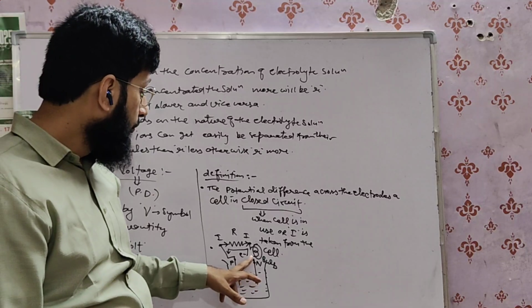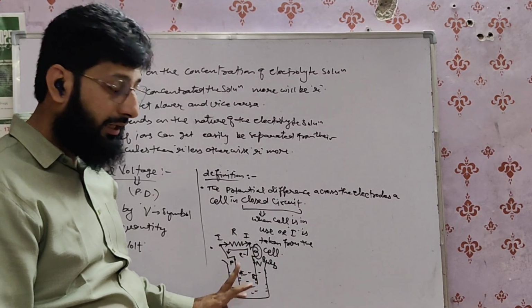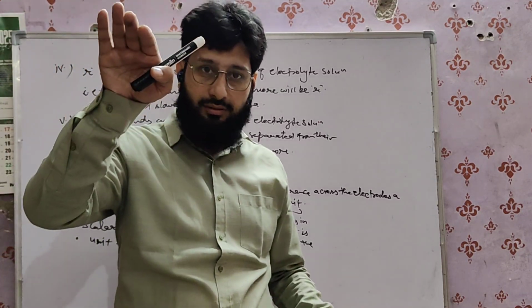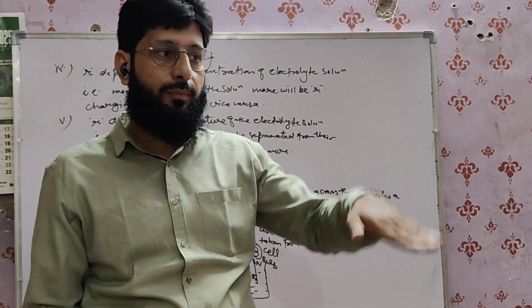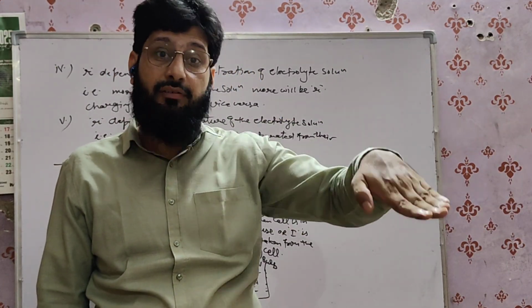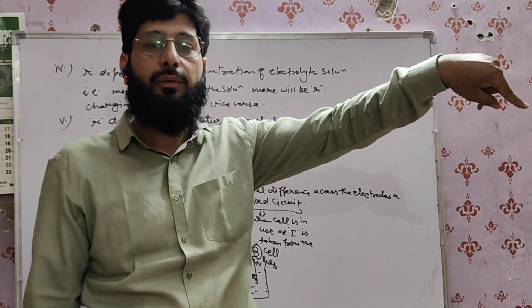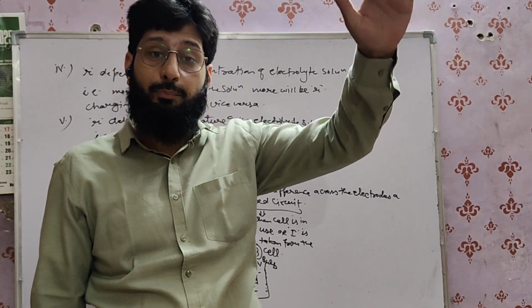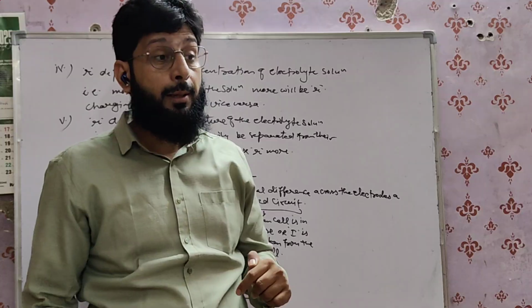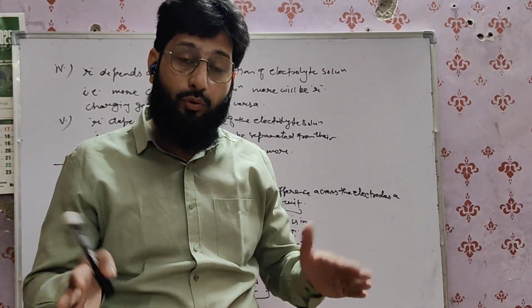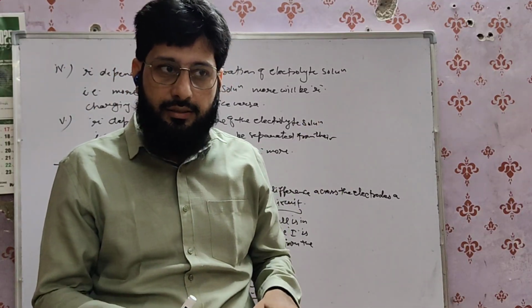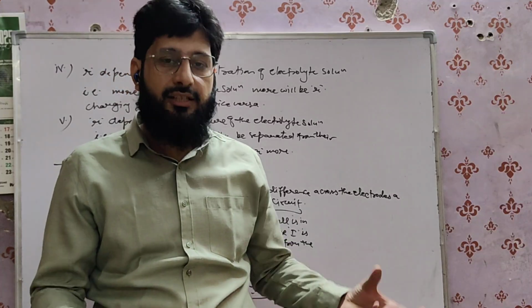So electrons will move from this end to this end, and the negative charge will decrease on the negative electrode, and the positive charge will decrease on the positive electrode, because electrons are reaching the positive electrode and compensating the loss of electrons. Due to this, chemical force increases, electric force decreases, and charging will start again.